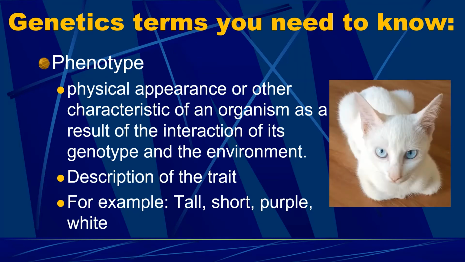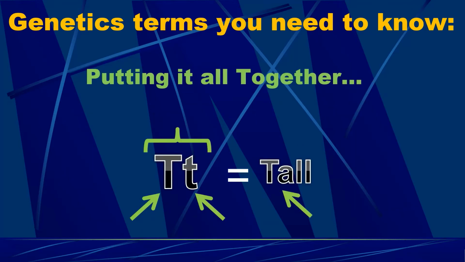For example, this is a picture of our cat. It has white fur and blue eyes. These characteristics visible to our eyes are what we call the phenotype. Putting it together, we have here a genotype, which is heterozygous because we have the uppercase and the lowercase letters.